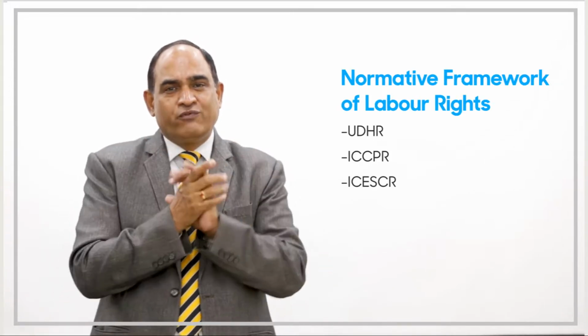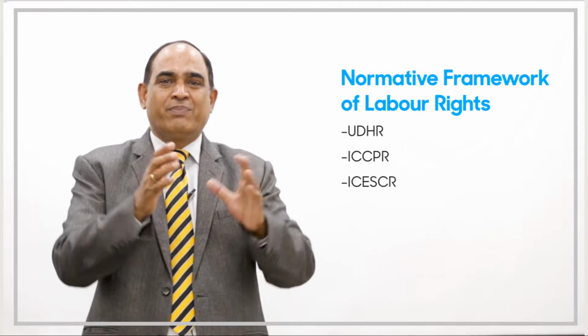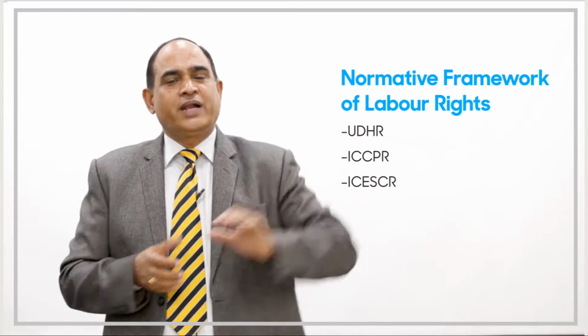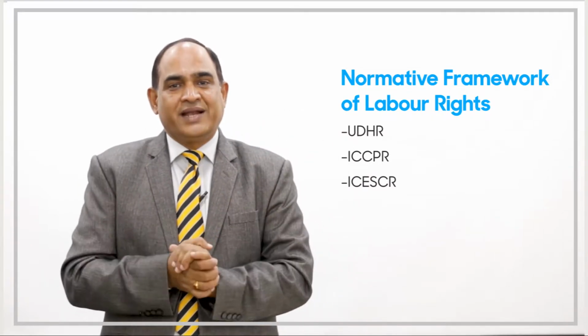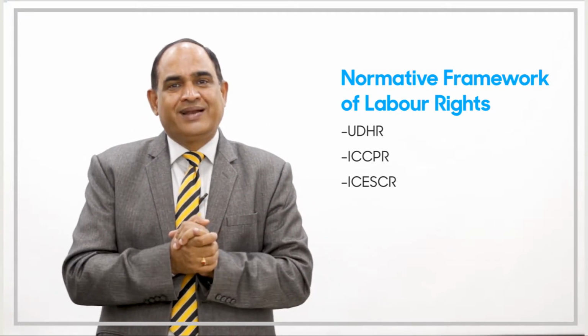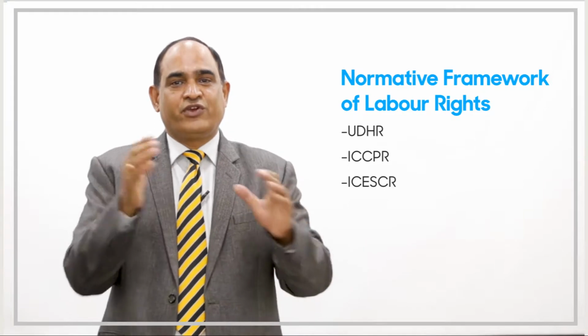Now, let us briefly review the normative framework for the protection of labour rights. If you look at the Universal Declaration of Human Rights that was adopted in the year 1948, it explicitly provided freedom from slavery or servitude.